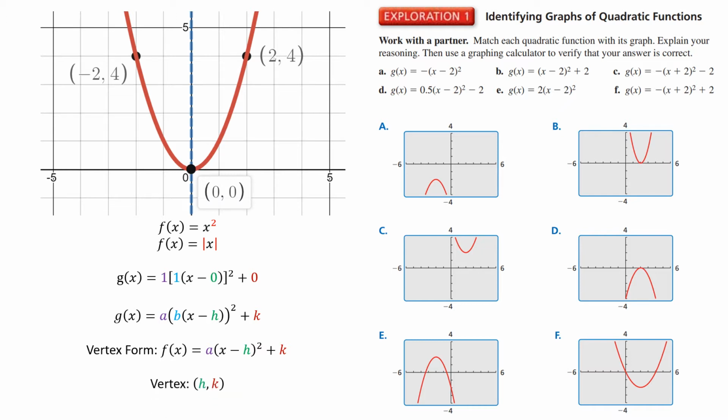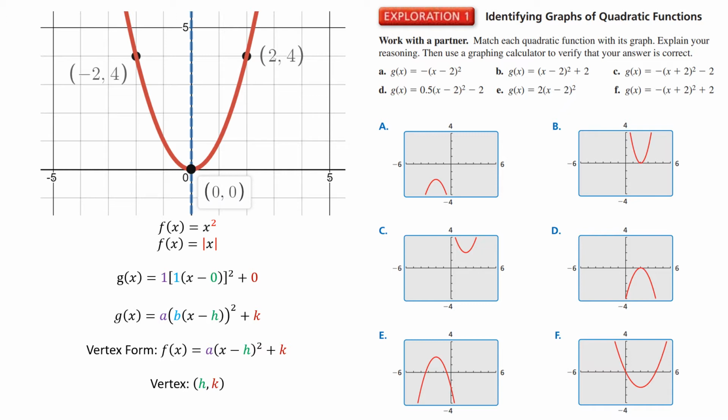In vertex form, the vertex is h comma k if we are in the form that's written where it says vertex form. So when you see that the graph has a, lowercase a, negative, that should suggest that we're flipped upside down, and h value of 2 suggests a shift 2 units to the right, and then a k value that doesn't seem to appear would be a 0, so it would seem like if we looked at graph D, we would have our value.